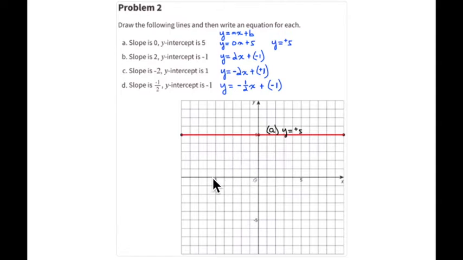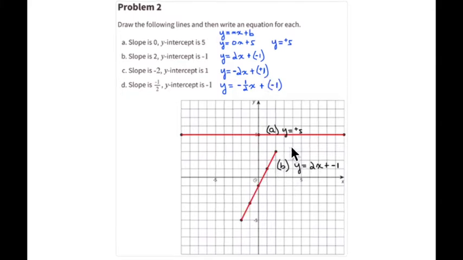So you're going to create a line that is parallel to the x-axis. So that is y equals positive 5. Remember, when you have y equals any value, it's going to be a horizontal line equal to that value. That's going to be the y-coordinate.